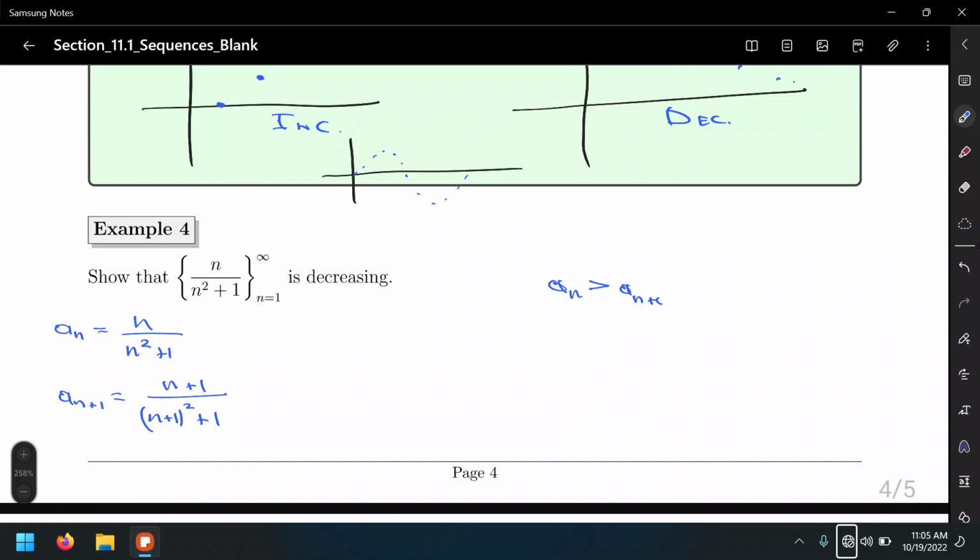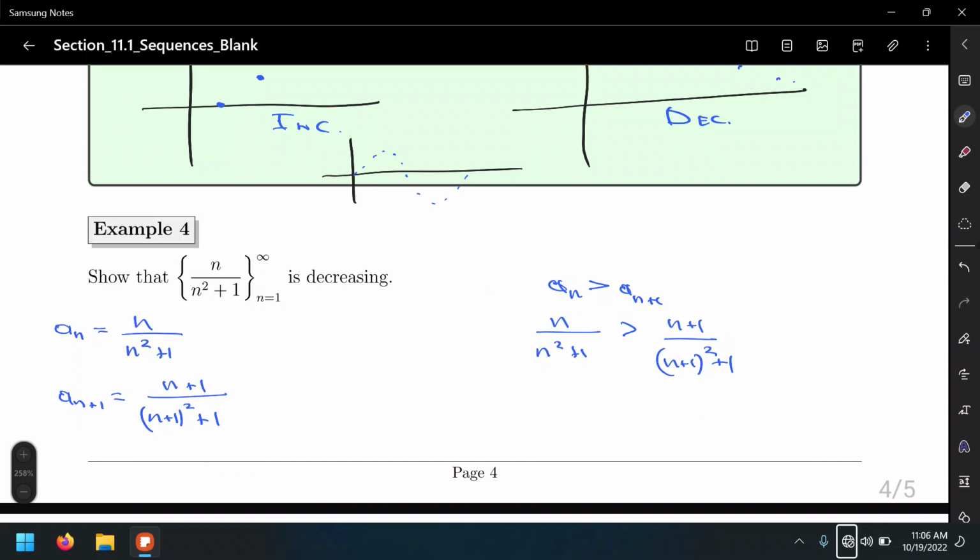So now, we're going to put these two expressions together in their corresponding side of the inequality. That is, we're going to write this n over n squared plus 1 and determine whether this quantity is indeed greater than n plus 1 over n plus 1 squared plus 1. Alright? So, let's see. Is that inequality true?